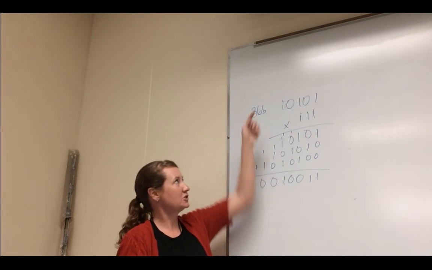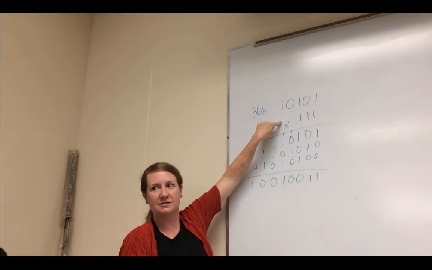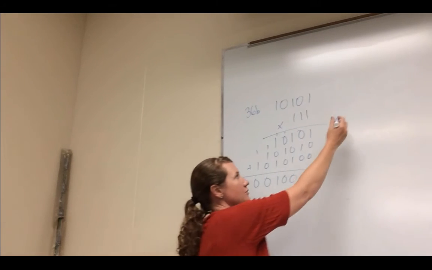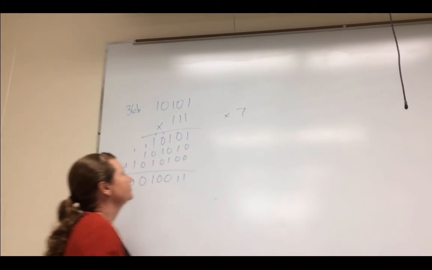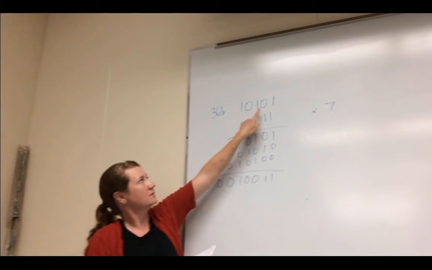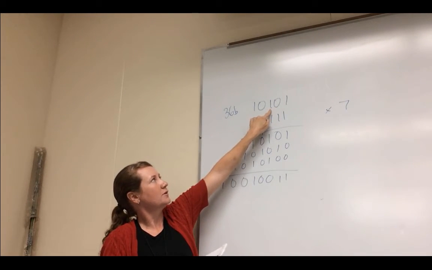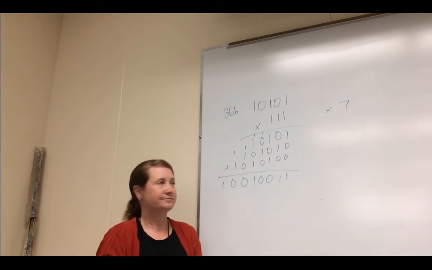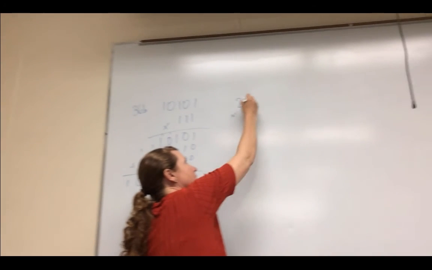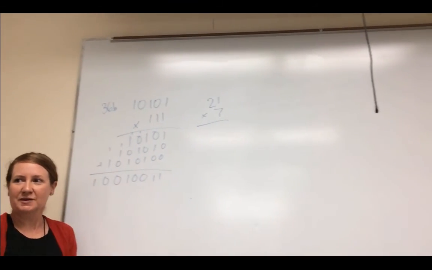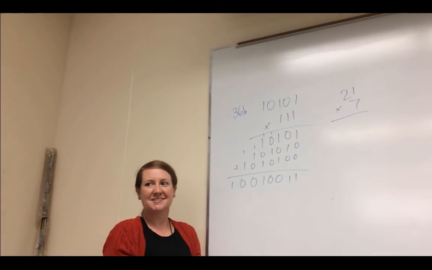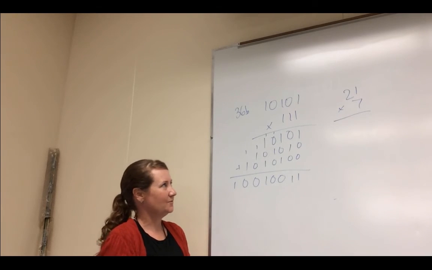All right. But we should check this thing too. It is good to translate and check these things. So this would be times 7. And what number is this? 2, 4. 4 plus 16 would be 20, 21. So isn't it getting easier to translate these binary numbers in your head, the small ones? Yes, it should be getting easier.